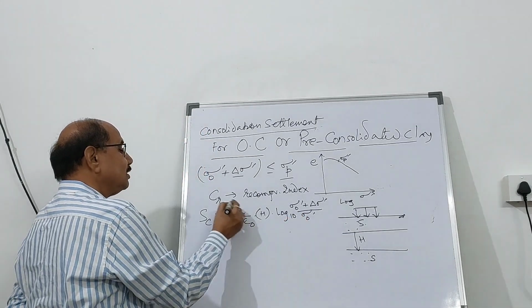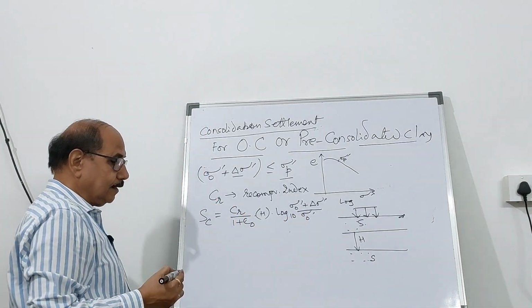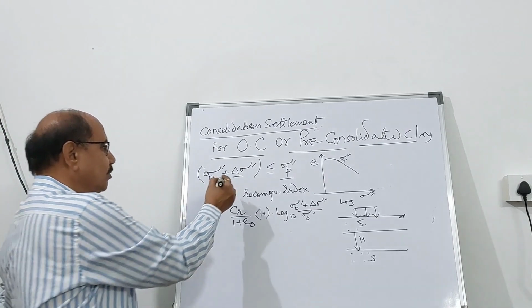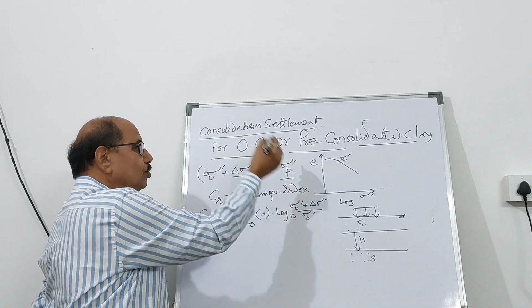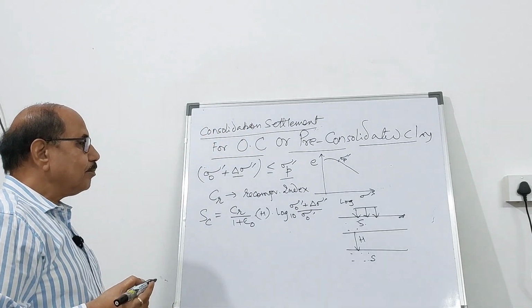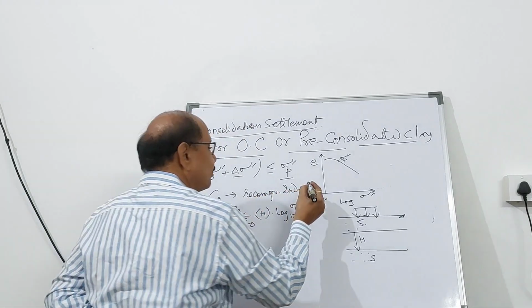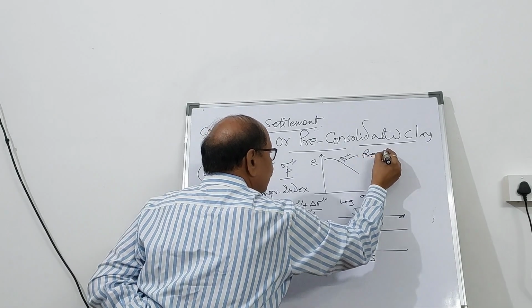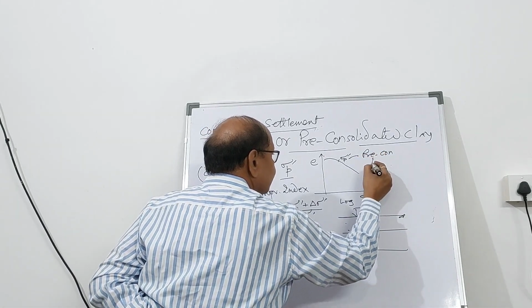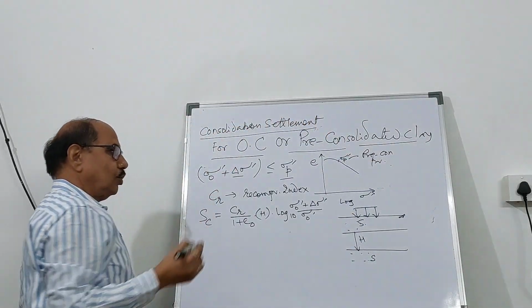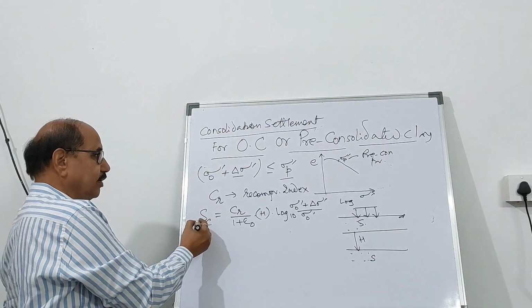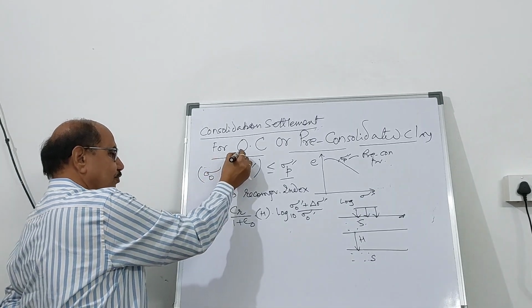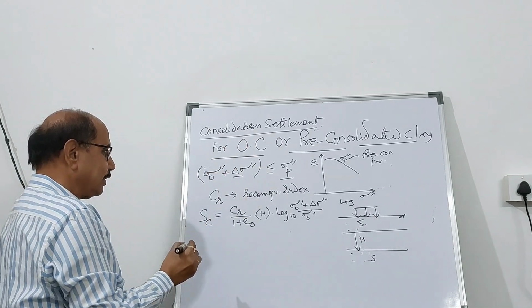So here Cc must be replaced by CR if sigma naught prime plus delta sigma prime is less than or equal to sigma p prime, where sigma p prime is called the pre-consolidation pressure. So this expression is very important. One should remember it if it is over-consolidated clay.